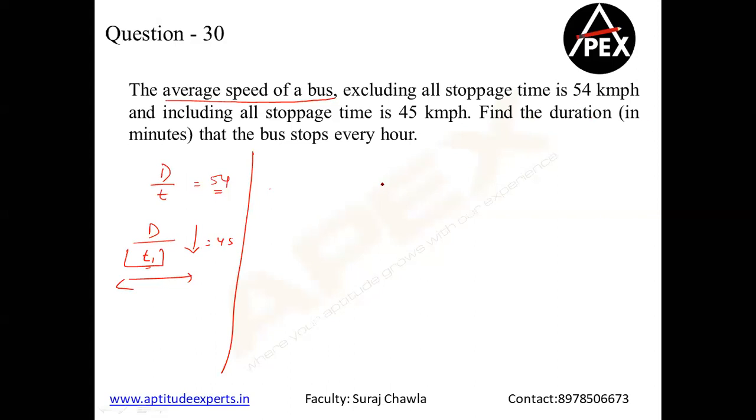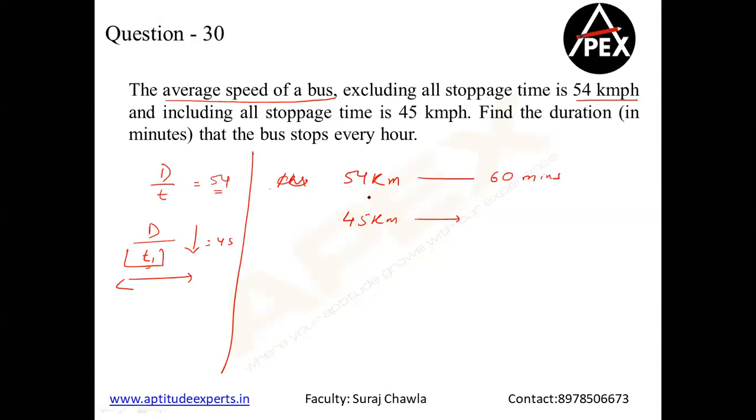So if you want a very basic method, let me write it this way. Earlier, without stoppage, the bus was traveling 54 kilometers in 60 minutes. But now the bus has traveled 45 kilometers only. Clear?